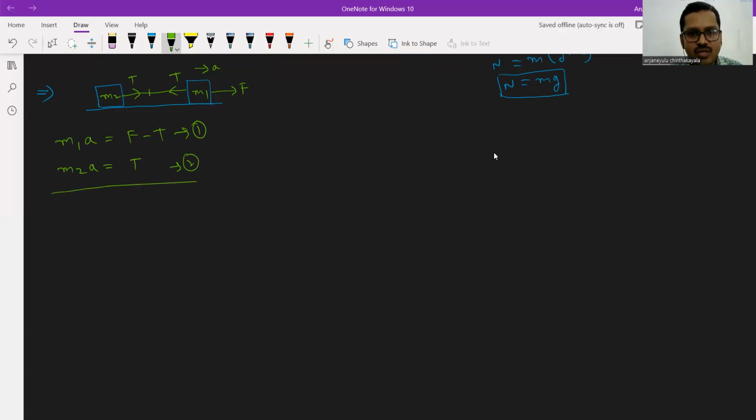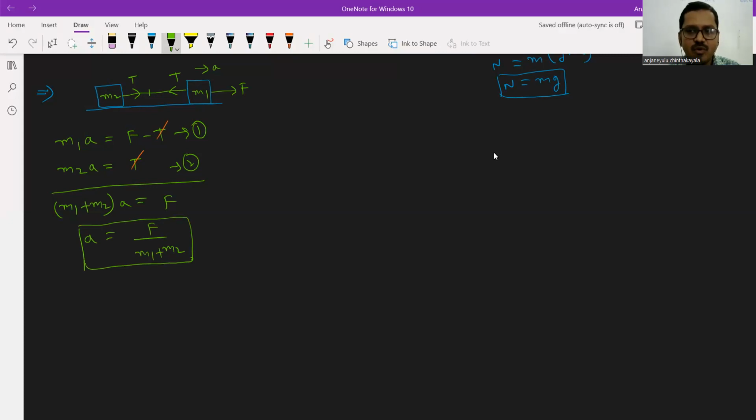This is equation 2. Adding these two equations, m1 plus m2 into acceleration a is equal to F, because plus T and minus T cancel. Then finally divided by m1 plus m2. This is the acceleration of the blocks.